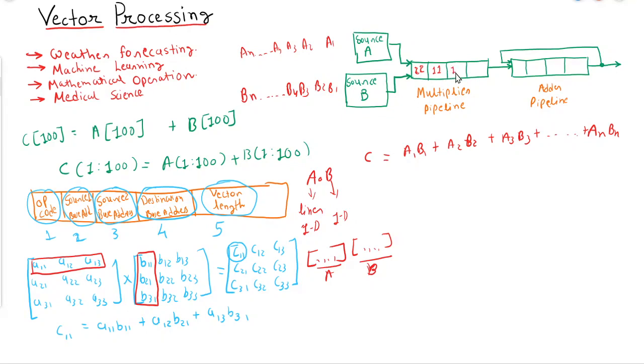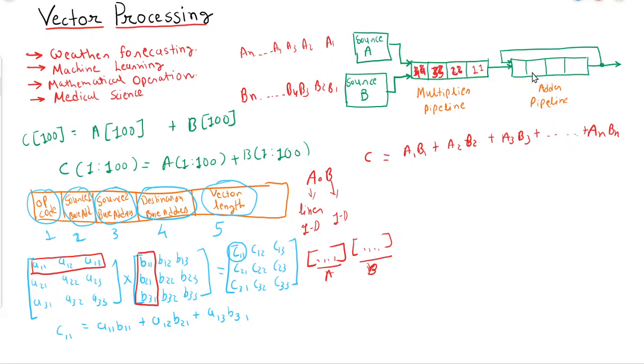Next clock cycle, this 1 will be here, 2 will be here, and 3 will be here. Next clock cycle, 1 will be here, 2 will be here, 3 will be here, 4 will be here.